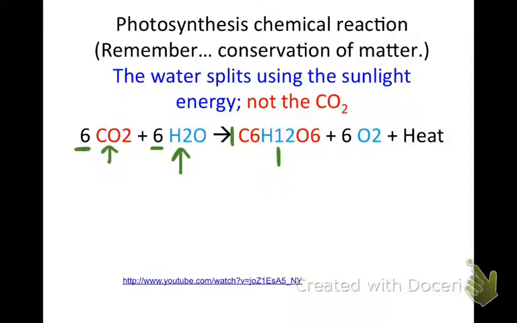They tell you how many CO2s you're going to get, how many H2Os. This guy over here is just 1. This guy is glucose. Plus 6 oxygen, and then we're going to have some heat that is released. This is an exergonic reaction, so it's going to release heat. Alright, so formula. You will definitely have to know this formula. You can go ahead and start it.